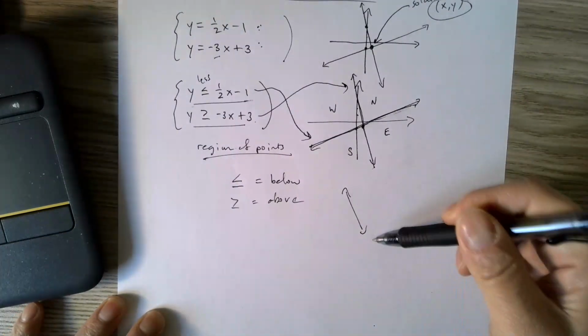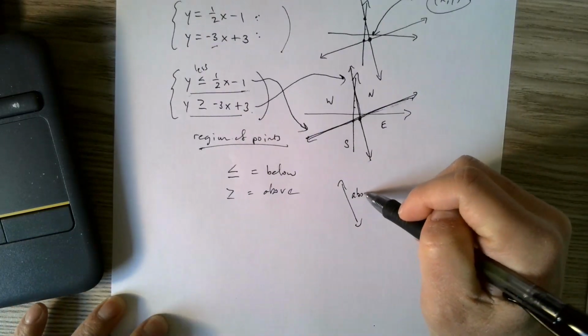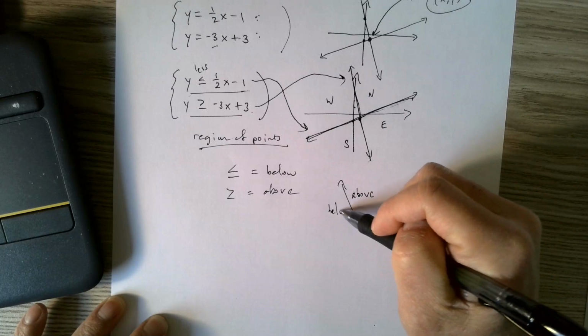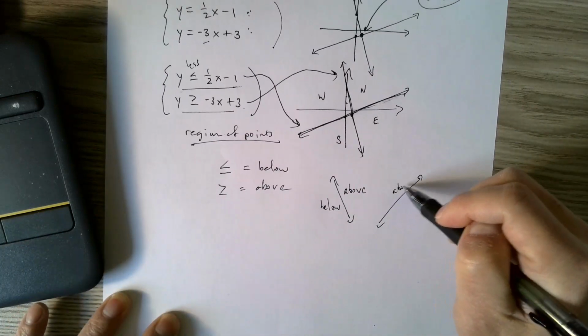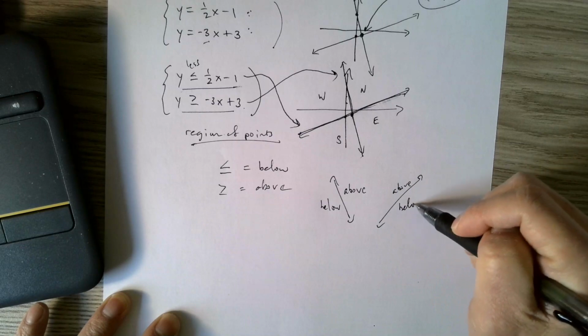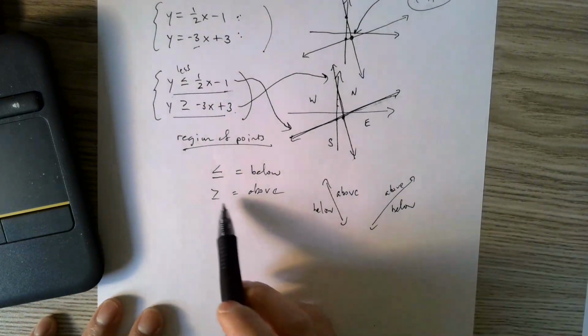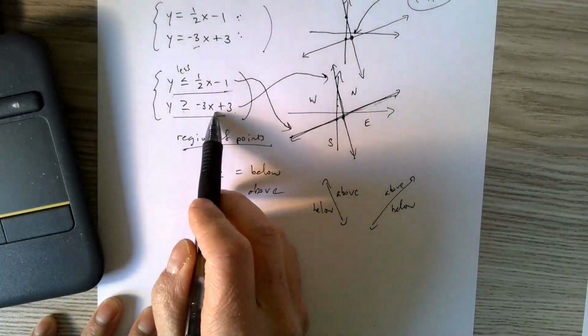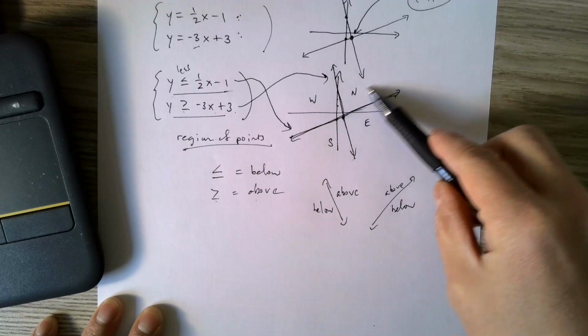Well, it has a slope to it. It has a lean to it. So above would be here. Below would be here. For a positive slope line, above is here. And below is here. Okay? So since I need to shade above this line, that means I need to shade here.